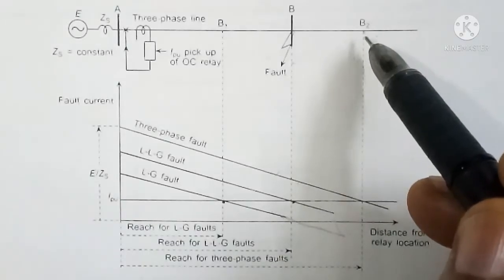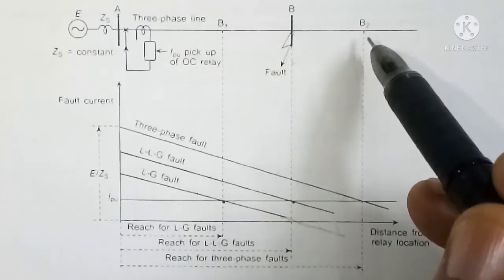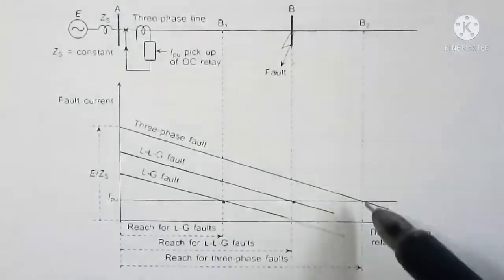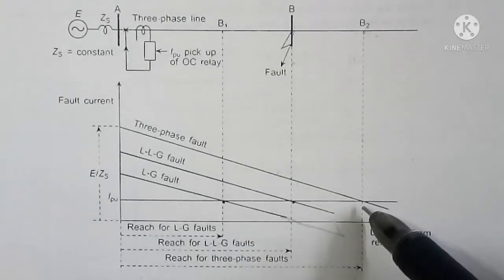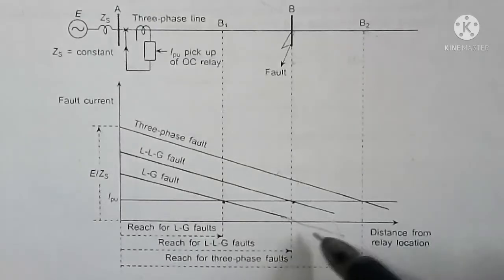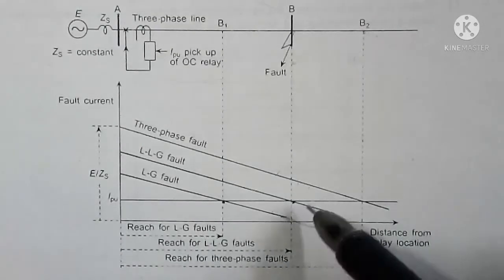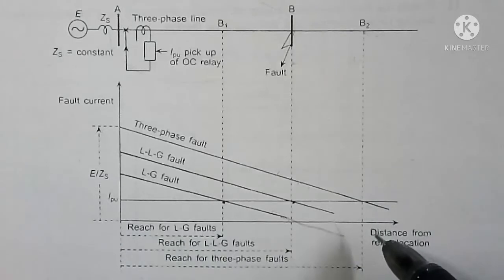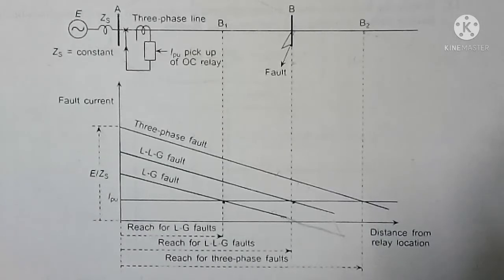For three-phase fault occurring up to point B2, that is beyond bus B, the relay operates, whereas the relay does not operate for 2LG and LG faults, which means that relay is not looking at all the three types of faults in the same way.